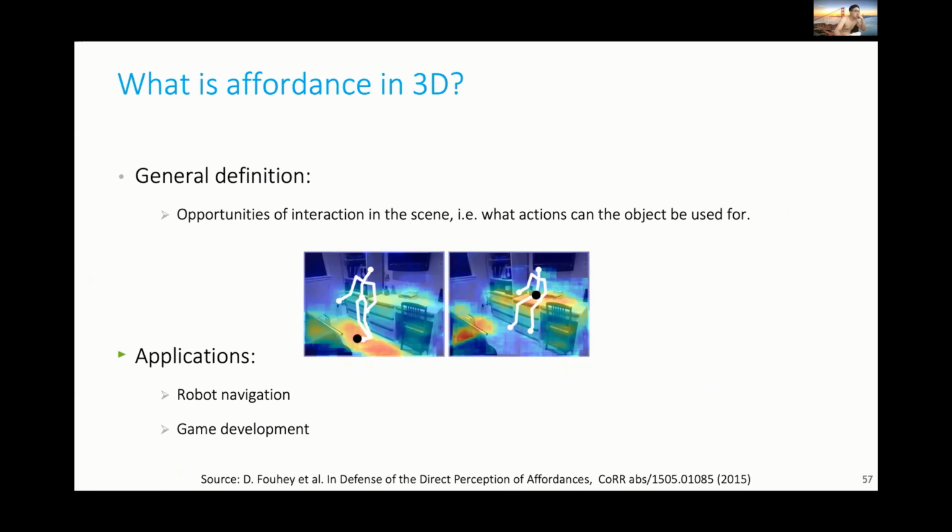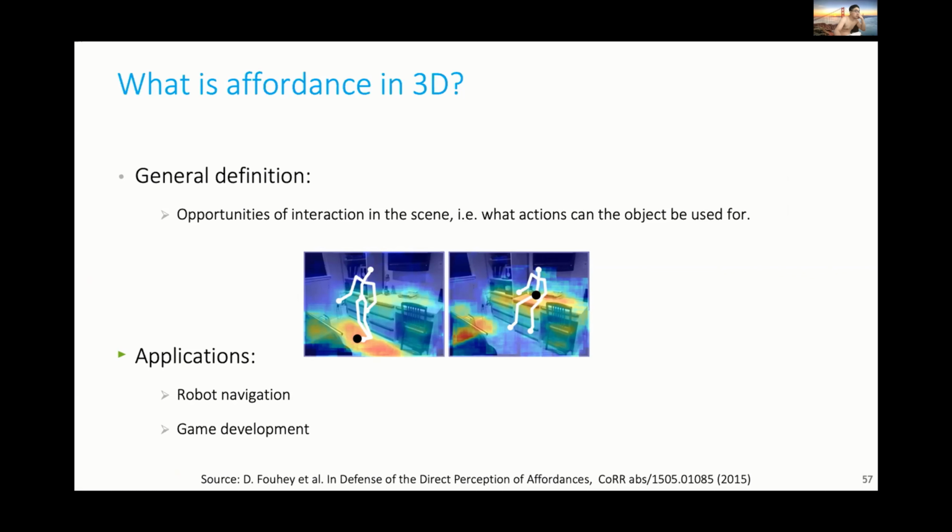Okay, I'll be quick. For 3D scenes, what we want to do is also learn the 3D. We need to know what's in the scene so that we can decide whether a person can sit or stand. The 3D affordance can be used in medicine, for robot scenes, in game development, and so on.